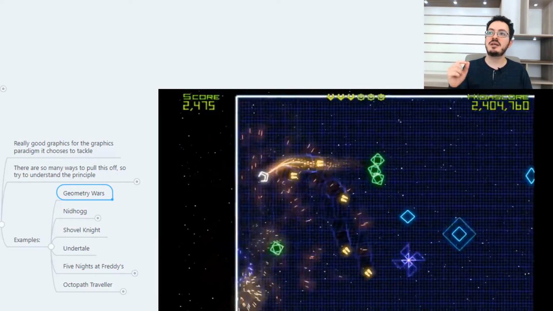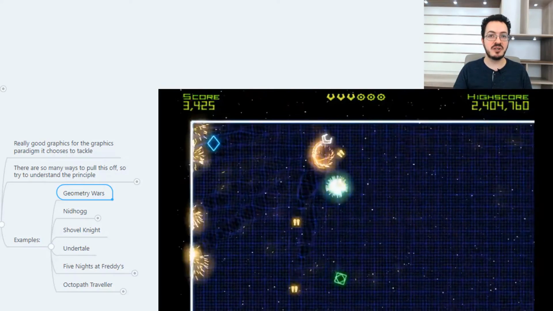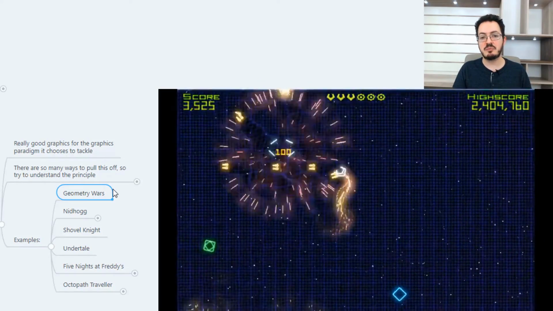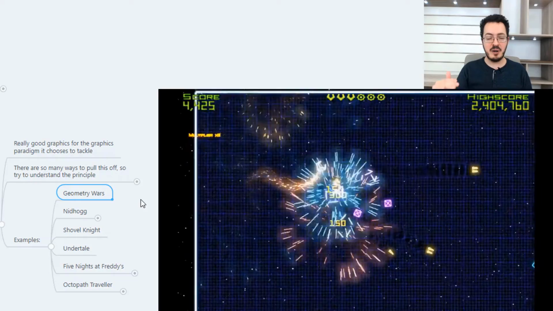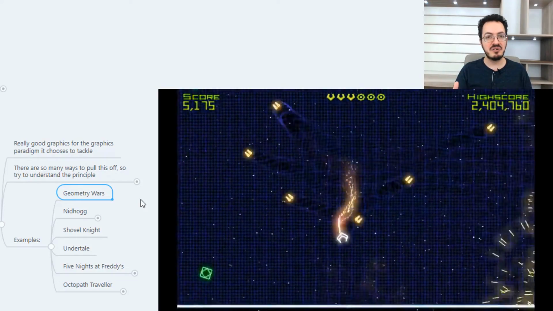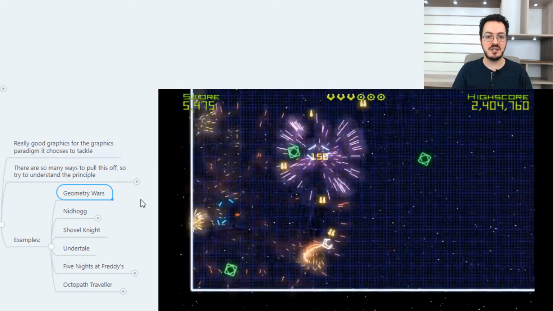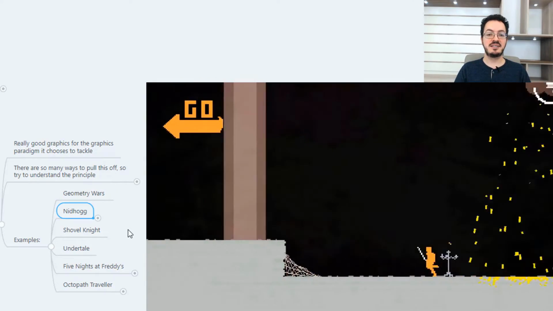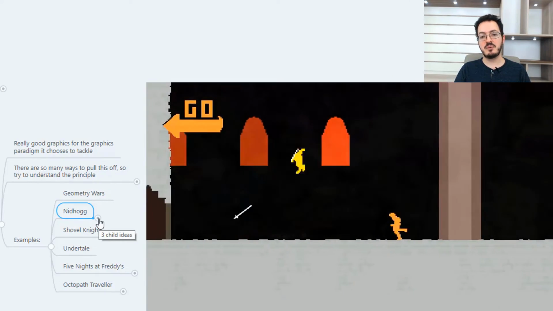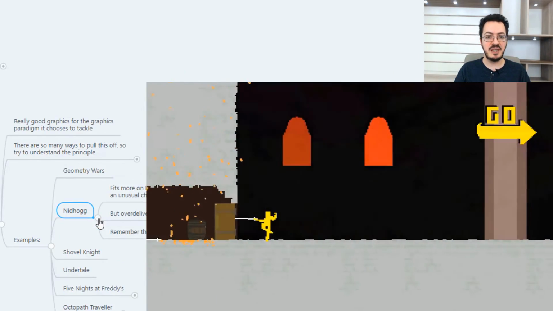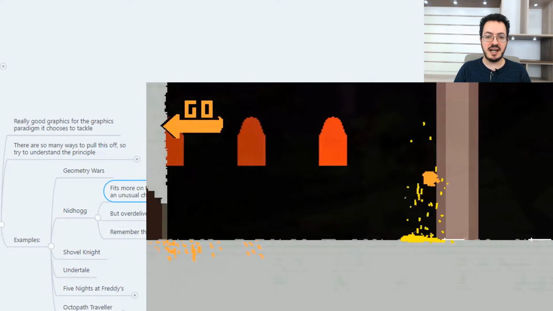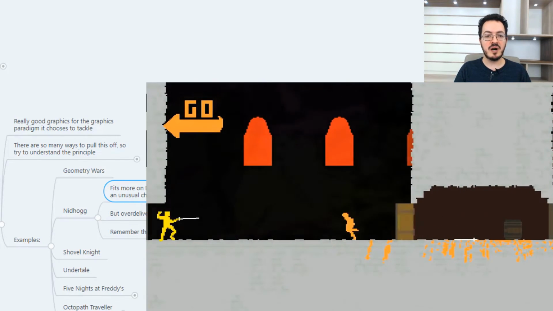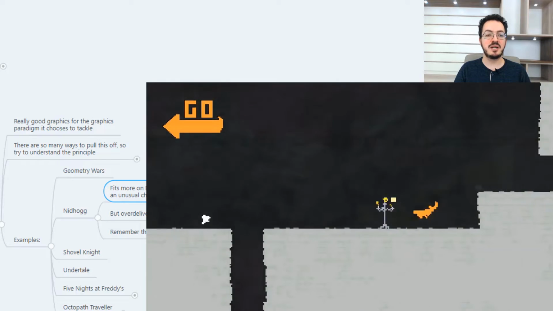So we use cues to figure out if a game is good or not. And because this over-delivers on polish using a paradigm where they can clearly over-deliver, then they get all this advantage too, right? Nidhogg, this is a great example. This is probably one of the best looking Atari games ever made, right? And I would say it kind of fits more in the Brave New Art magnet, because Atari is pretty unusual.